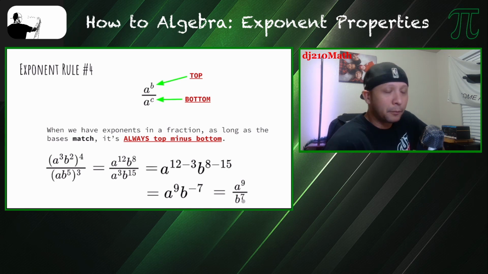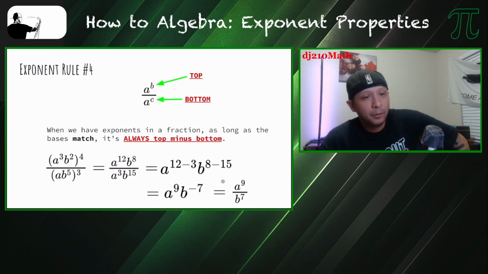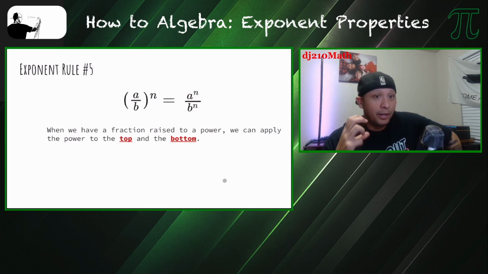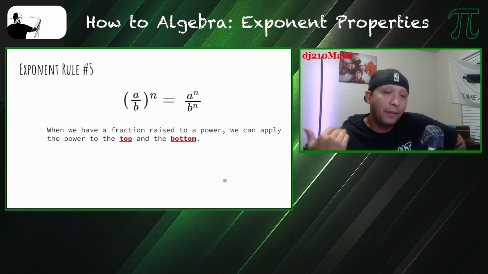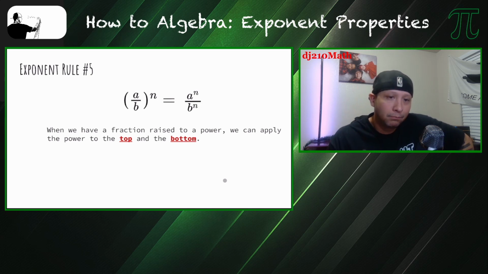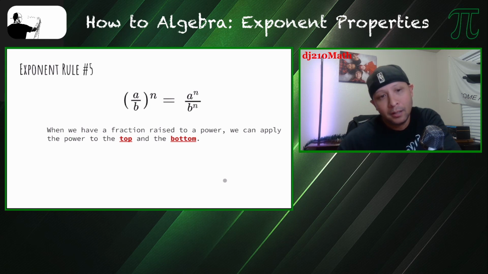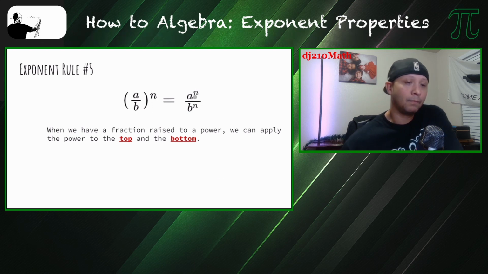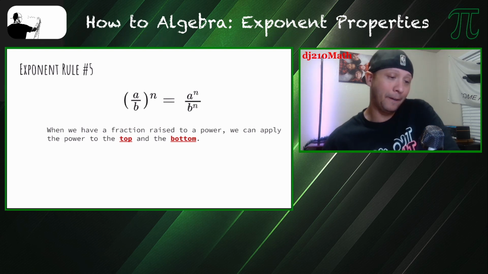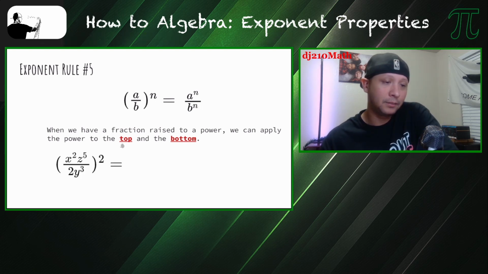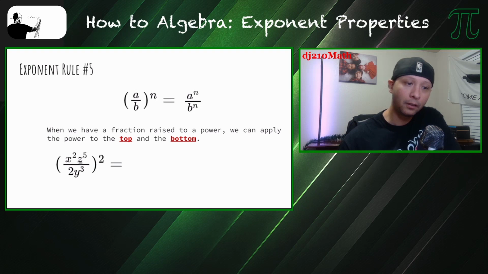All right, exponent rule number 5. Here, when we have a fraction that's raised to a power, we have a over b all raised to n, some number. We can apply the power to the top and the bottom number. So in the example, we have x squared z to the 5th power all over 2y cubed, and all of this is being squared.